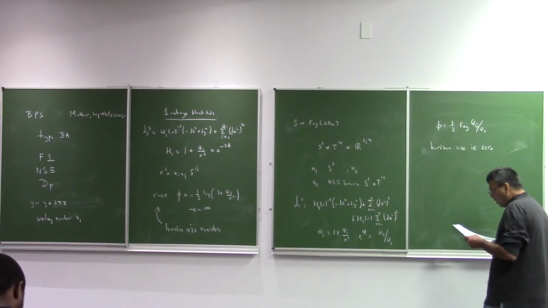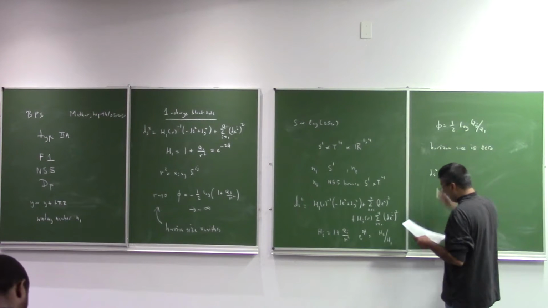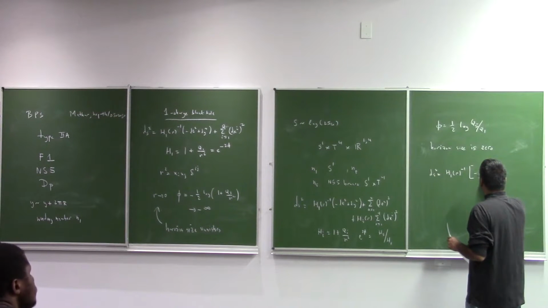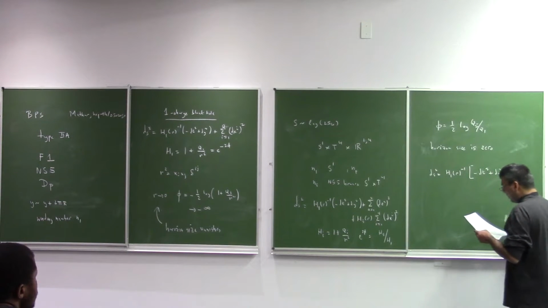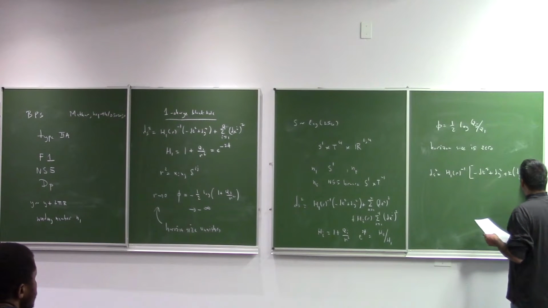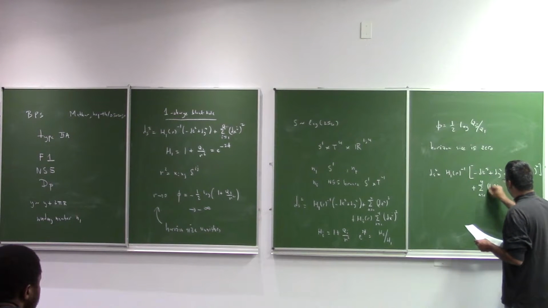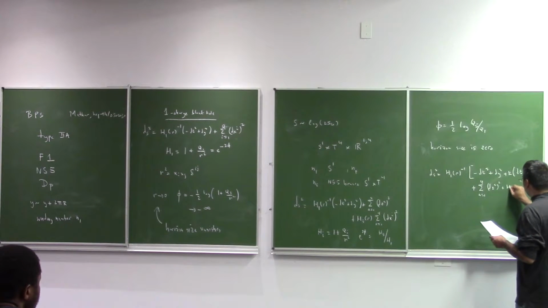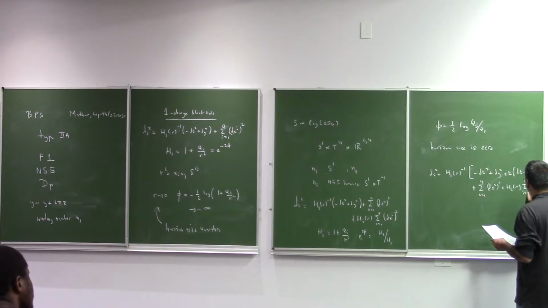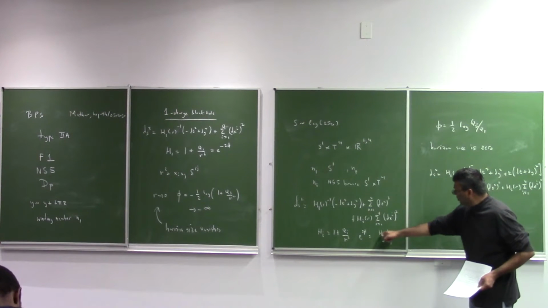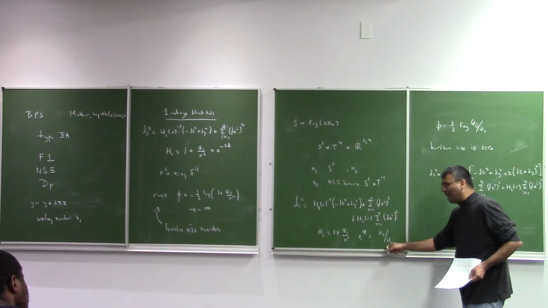And as a result, the metric is ds squared equals h1 of r inverse times minus dt squared plus dy squared plus k times (dt plus dy) squared, plus the sum a equals 1 to 4 of dza squared plus h5 of r times the sum i equals 1 to 4 of dxi squared, where now, again, we have the dilaton e to the 2 phi is h5 over h1 again.